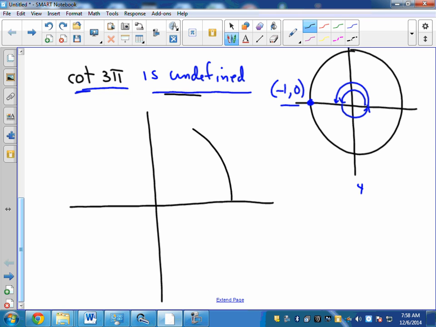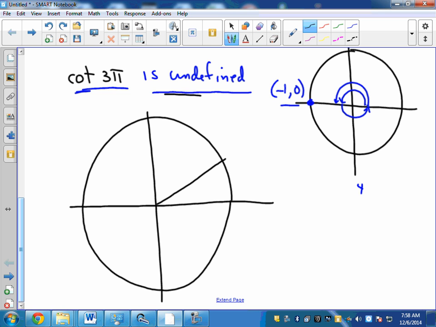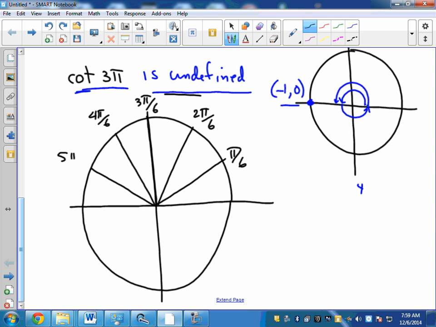Okay, so unit circle, increments of pi: you need to have pi over 6, you need to have 2 pi over 6, you need to have 3 pi over 6, you need to have 4 pi over 6, and you need to have 5 pi over 6, and obviously 6 pi over 6, both positive and negative.